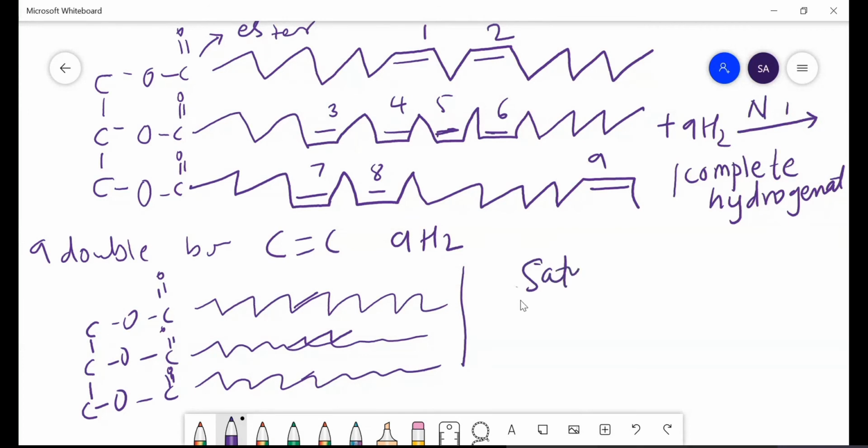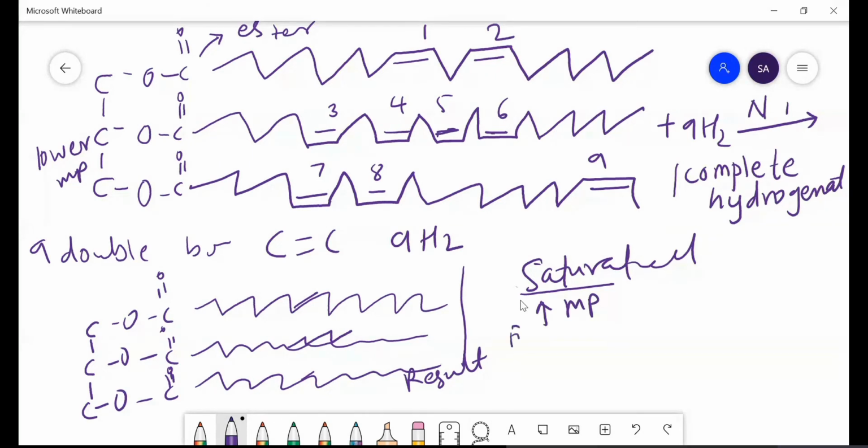A saturated fat. The original molecule has a lower melting point, whereas the resultant molecule after the hydrogenation has a higher melting point. It is very firm, very solid. If you freeze it, it will become like a stone, very hard. If you freeze butter, what happens? It's like stone, very difficult to spread.